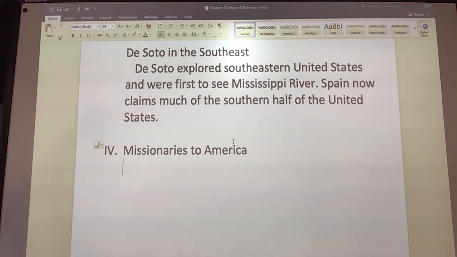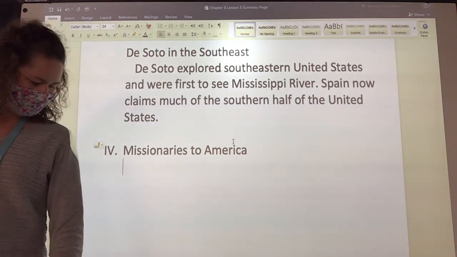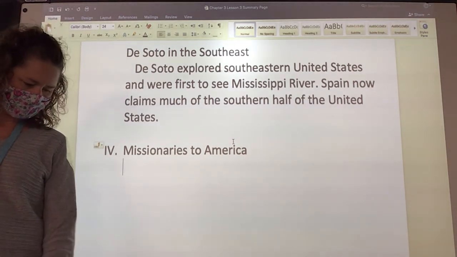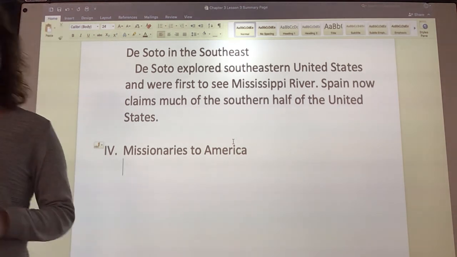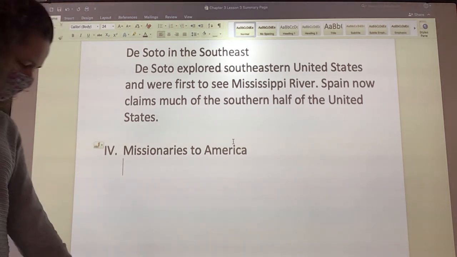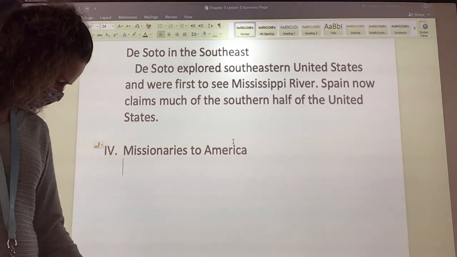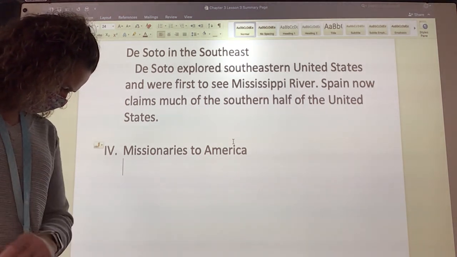All right, some of you might still be writing, and that's fine, but some of you, I think, are ready to share. So let's see what we came up with to summarize what happens in missionaries to America. All right, Canyon. While the Conquistadors were exploring the Americas, many changes were taking place in Europe.